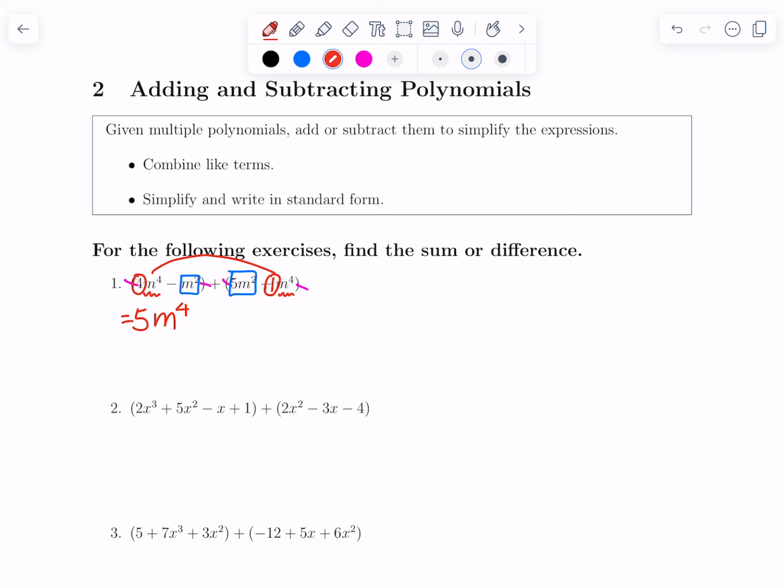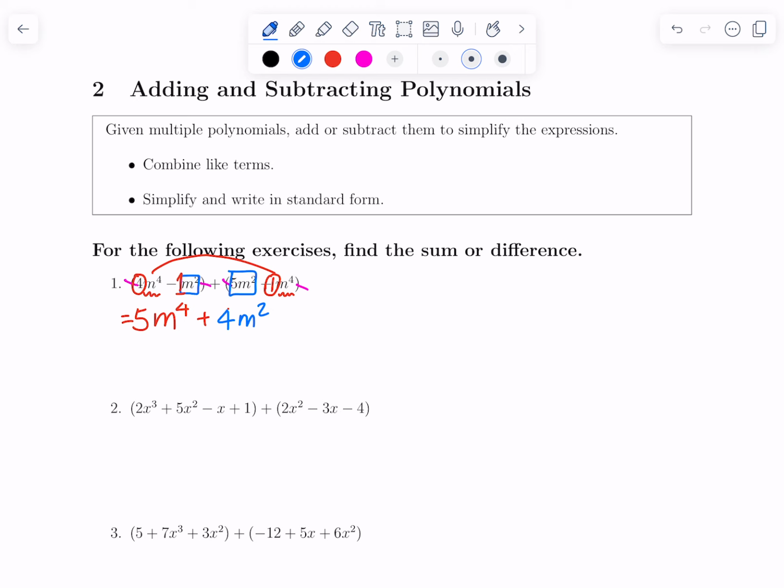And here we have minus, so it means here is a negative 1 m squared plus 5m squared. So 5 minus 1 is 4m squared.